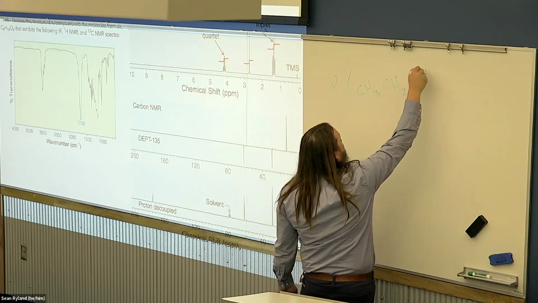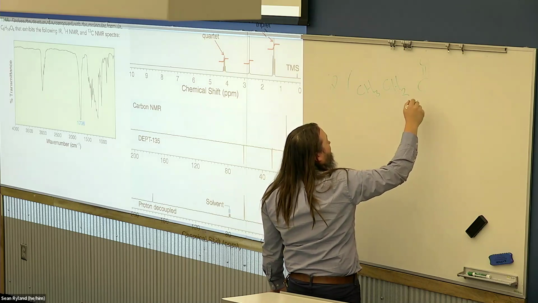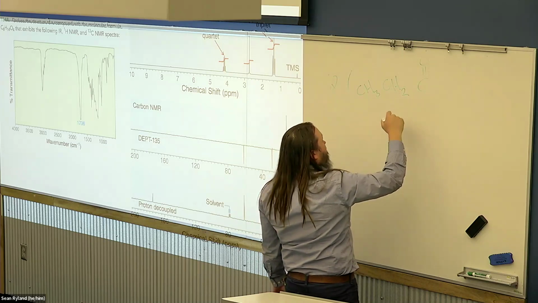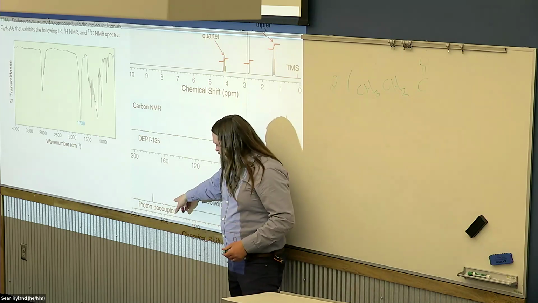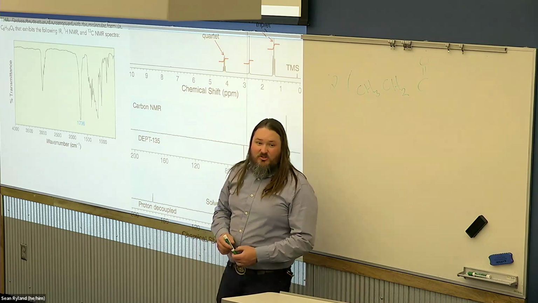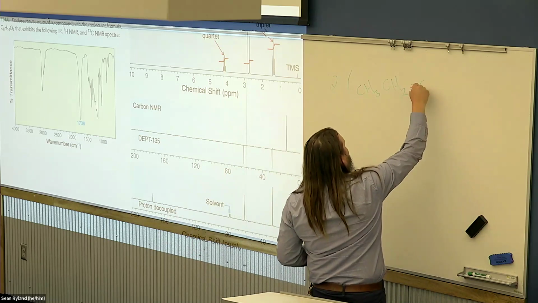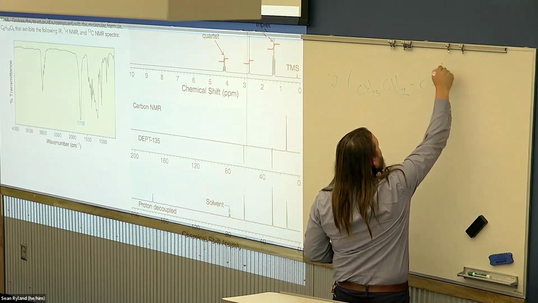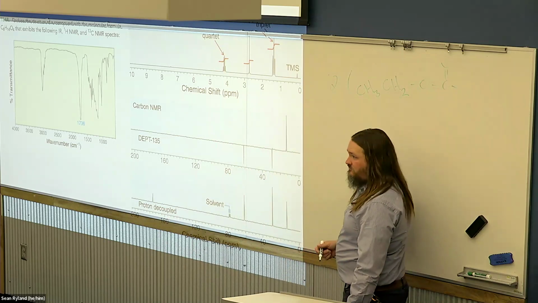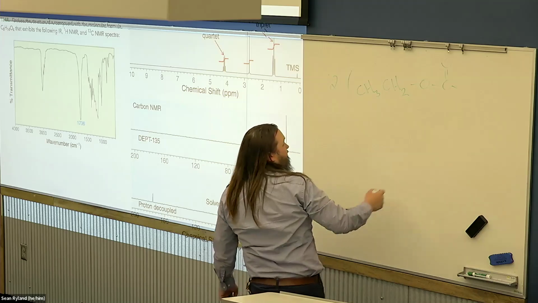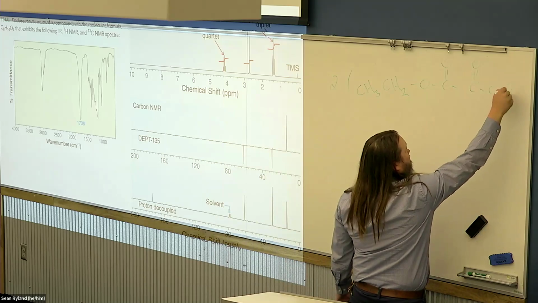And then based on the most deshielded signal in the proton decoupled spectrum, my guess is going to be an ester. Esters would make sense. It's some sort of symmetrical ester. In fact, it might even make sense to put it and then double it, because then we get that high degree of symmetry.